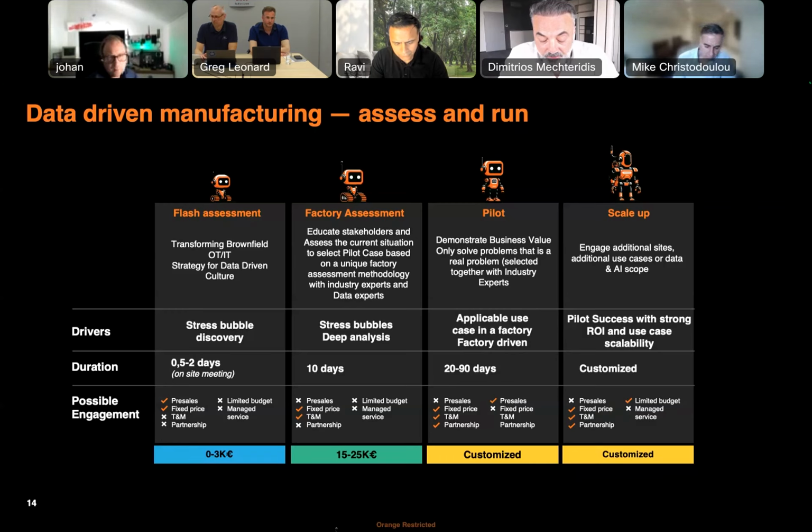By having that kind of assessment where we interact with the relevant groups in the factory, we can shape a plan together with them to define, for example, a pilot case, which is going to be business positive for them. We are not engaging in technology tests. We're engaging in proving the value to their operations, meaning we will engage in something that dramatically changes their efficiency. That's how we operate. Of course, you can then move into deploying a pilot or even scaling it up in a multinational manufacturer with tens or hundreds of factories around the world.